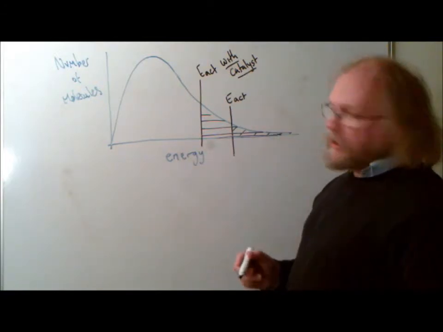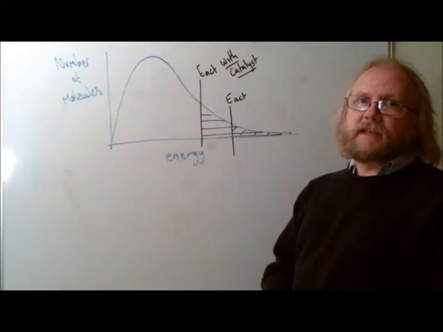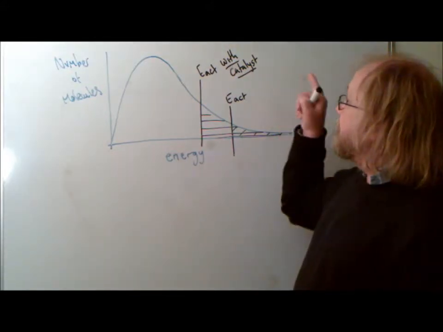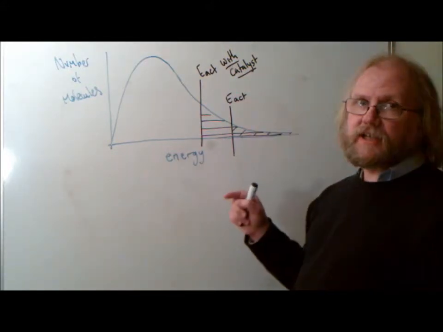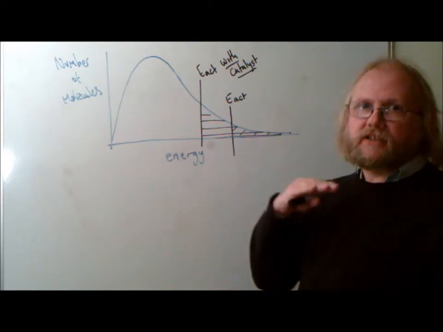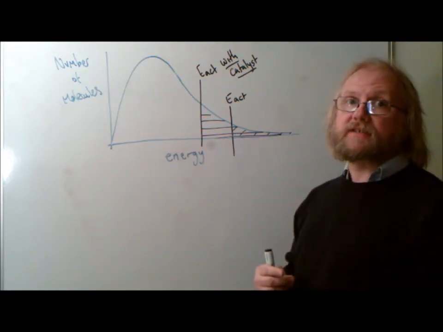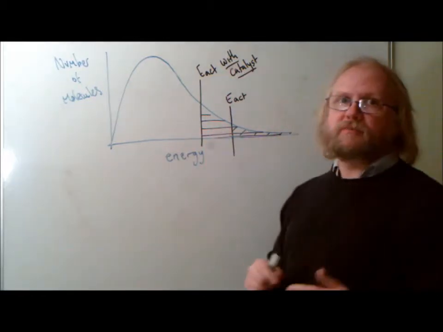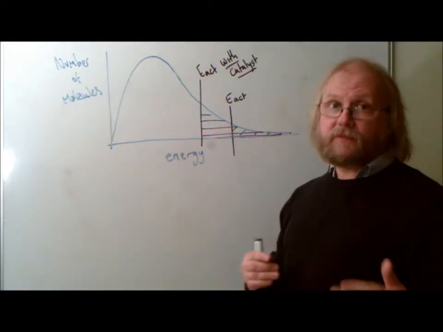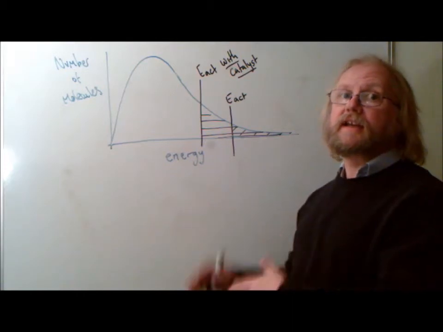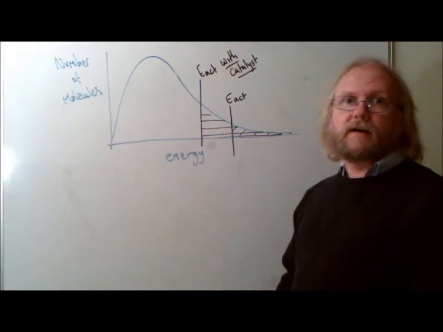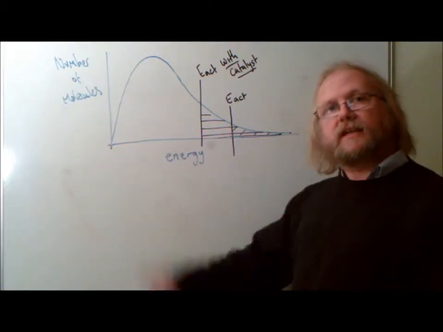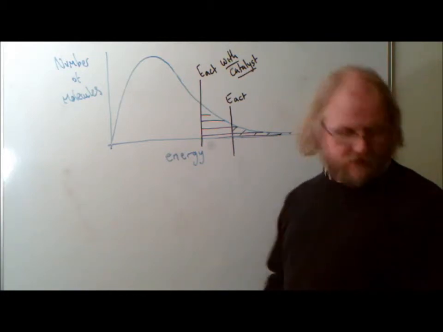Okay, so that's what you need to mark on the diagram, and then you just need a few words to make sense of that, that the catalyst lowers the activation energy of the reaction, or better, provides a new reaction pathway with a lower activation energy. And the consequence is that a bigger population of molecules now have enough energy to react when they collide, and therefore successful collisions occur more often and the reaction goes faster.